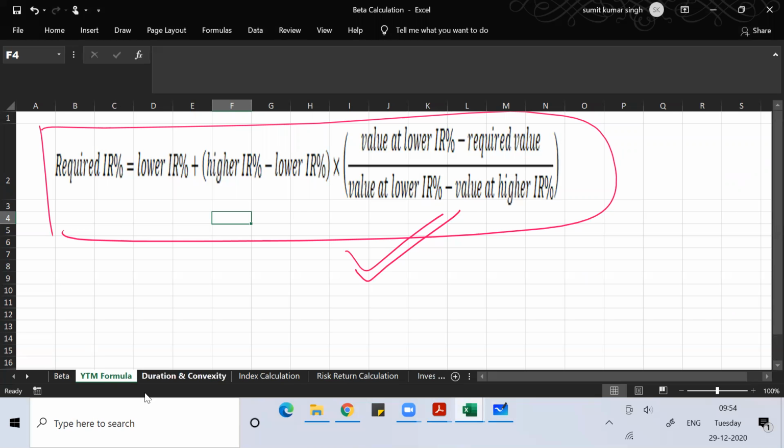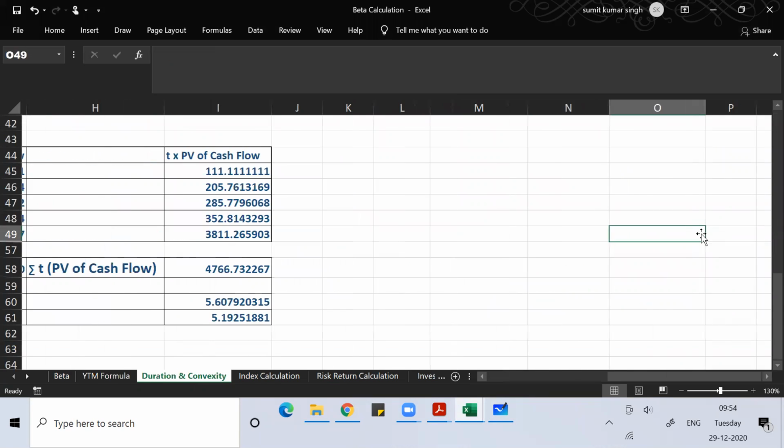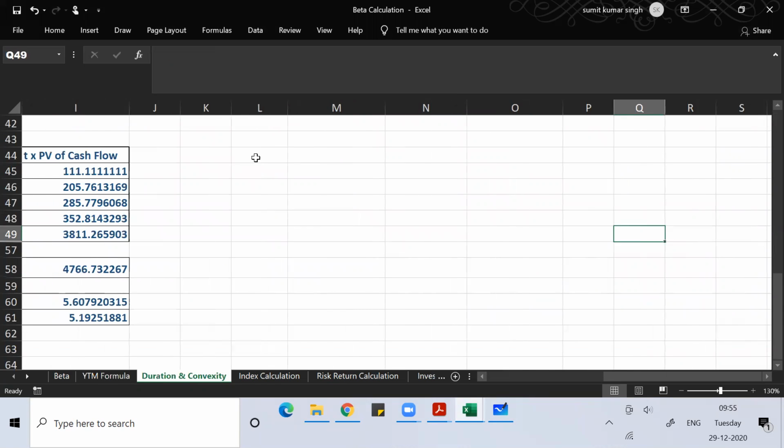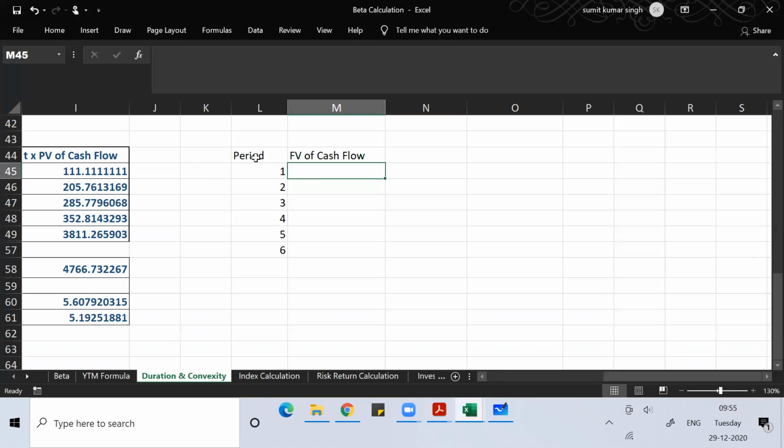So if you see in this question, the time period is 6 years, and the coupon you are getting, I'm writing as future value of cash flow. How much you are getting is 12% of 100, that is 12 rupees.